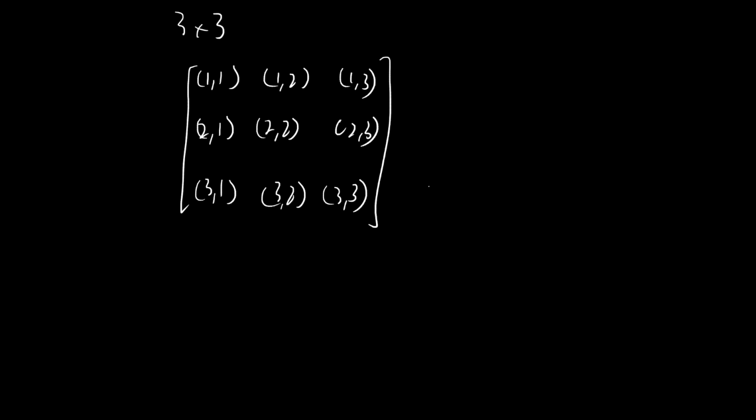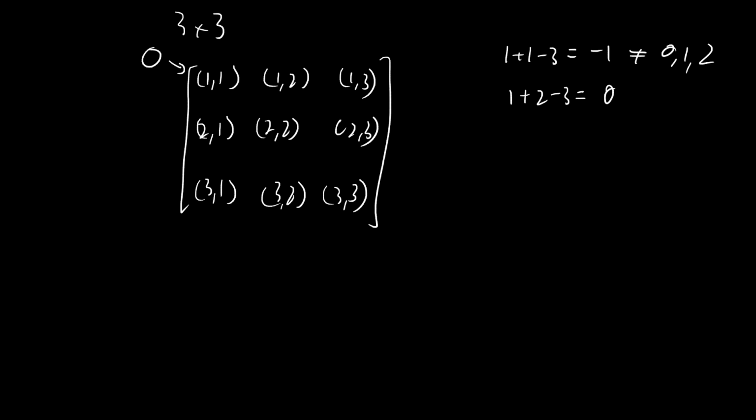Now let's check all of these elements one by one. First 1,1: 1 plus 1 minus 3 equals minus 1, which is not equal to 0, 1 or 2. So this element will be 0. Now for 1,2: 1 plus 2 minus 3 equals 0. So this will be a non-zero element. Similarly for 2,1 as well.